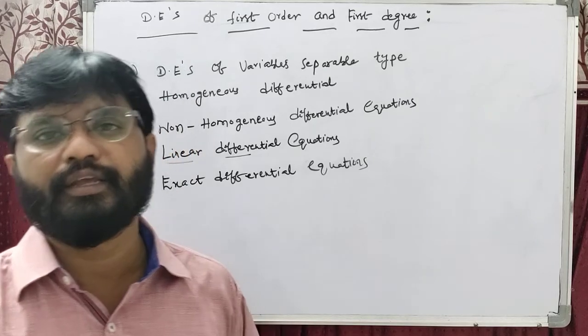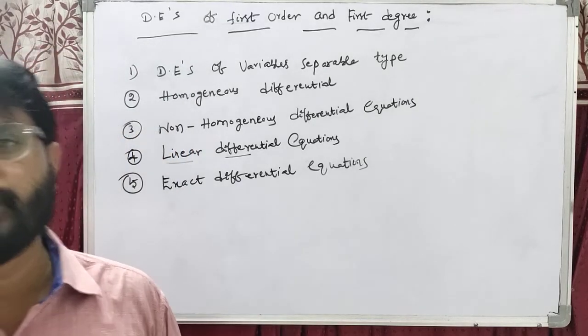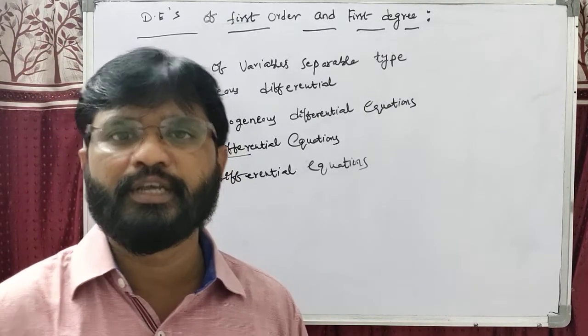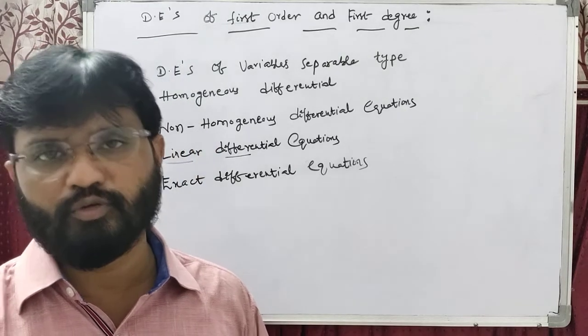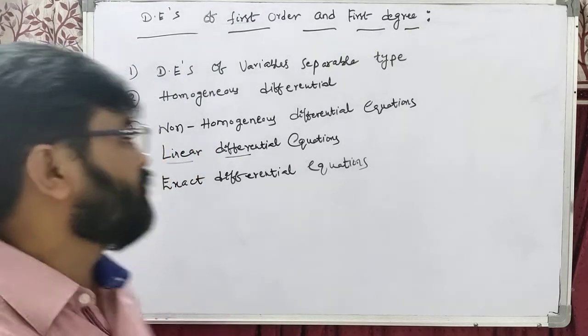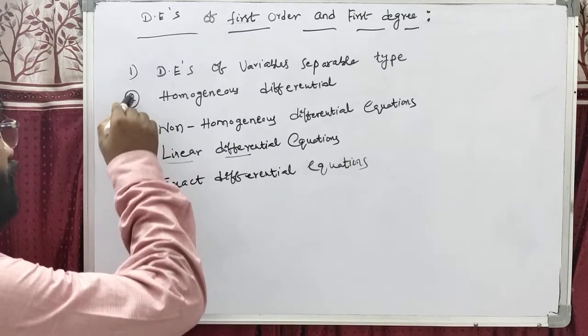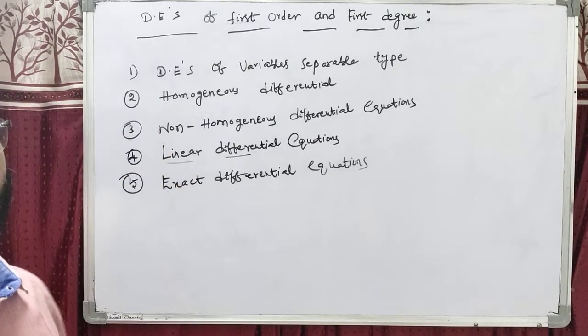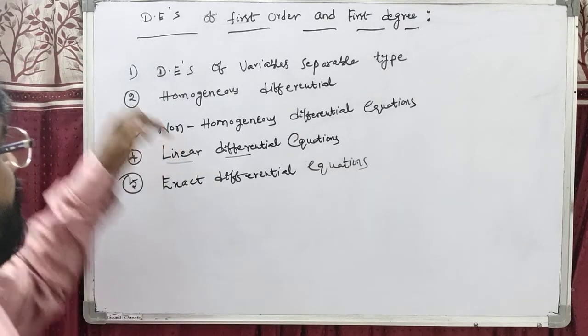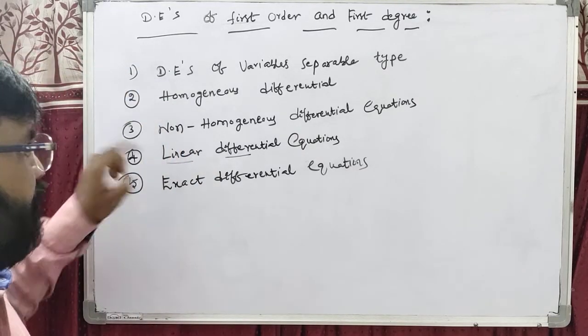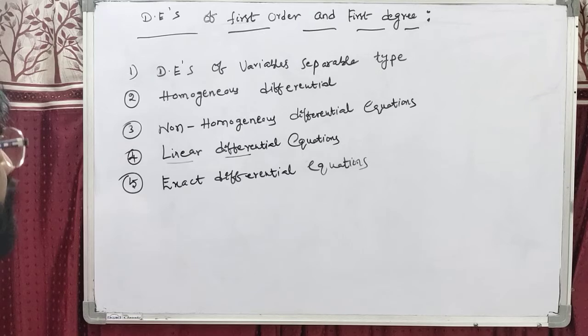In general, a first order and first degree differential equation may or may not have a solution. If the equation is in these forms, we can undoubtedly find the solutions. Okay students, what is the first one?